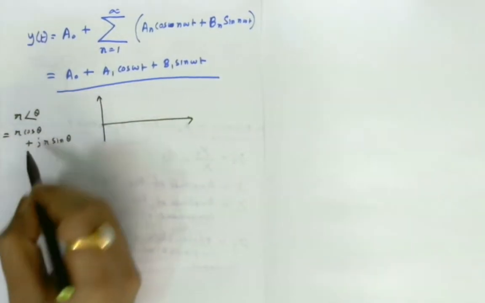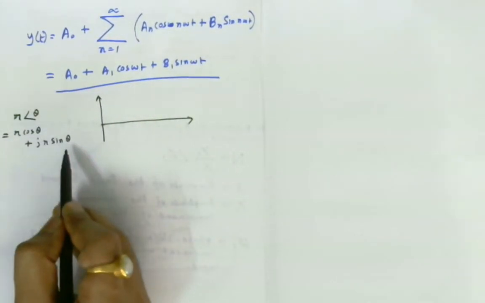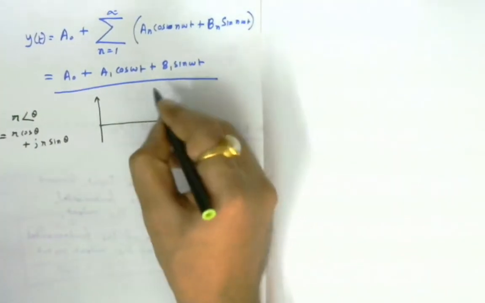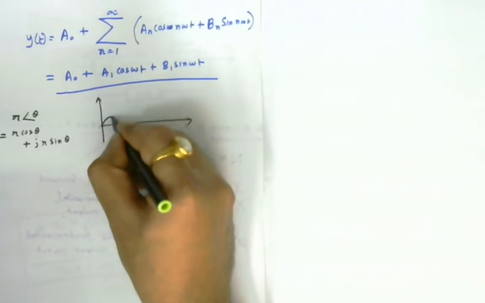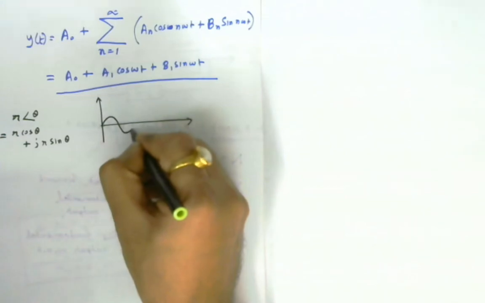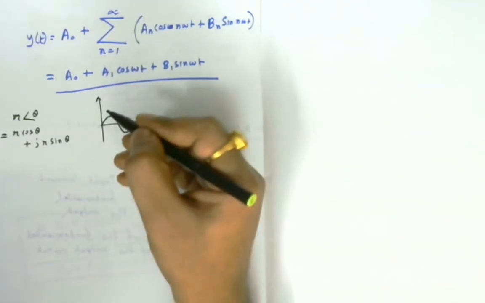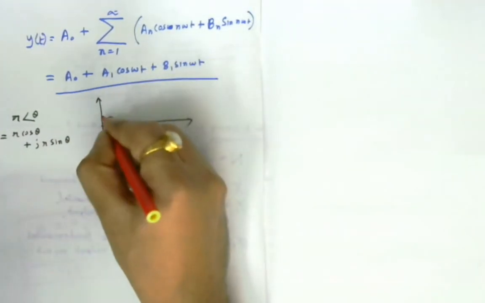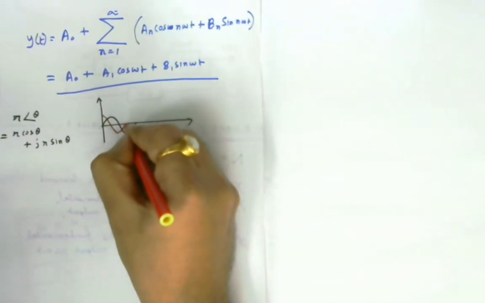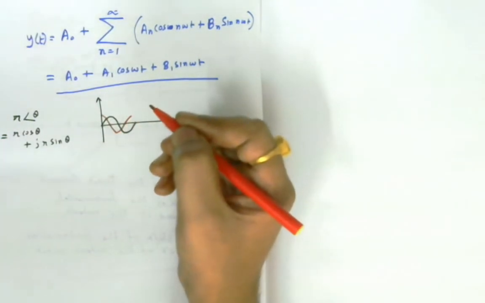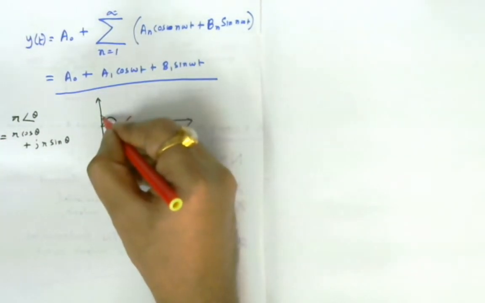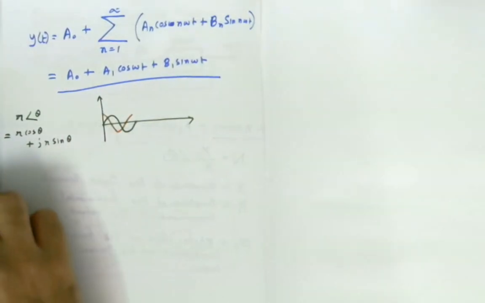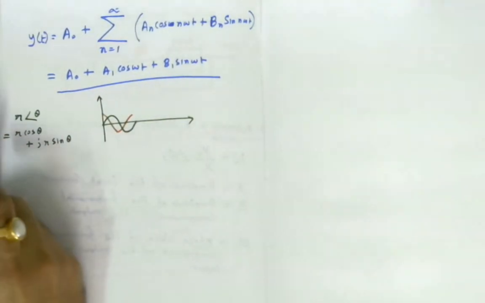Now if the sinusoidal signal starts from time equals 0, then the cos component will lead. So this is the cos component, this is the sin component. The red color is the cos component and the black color is the sin component.